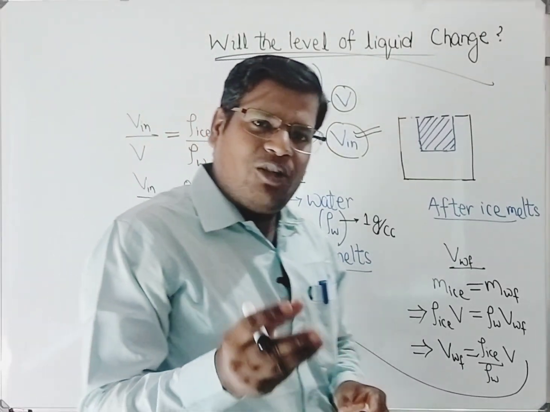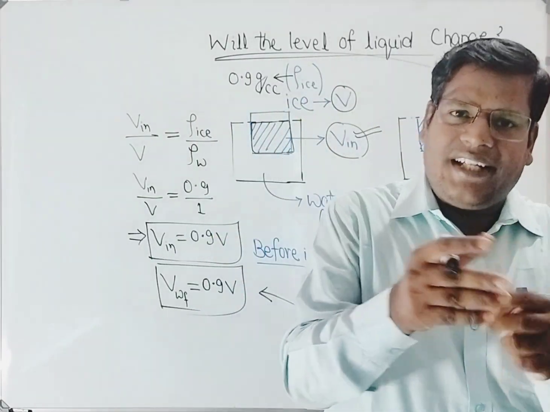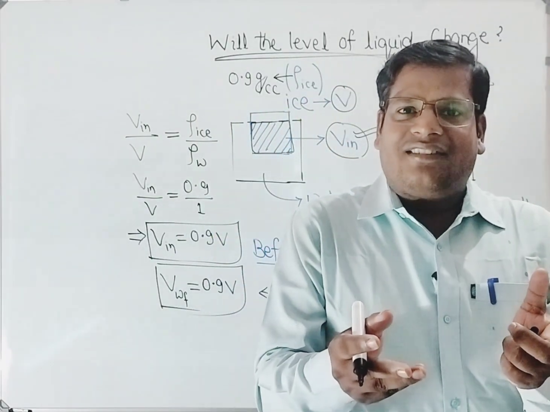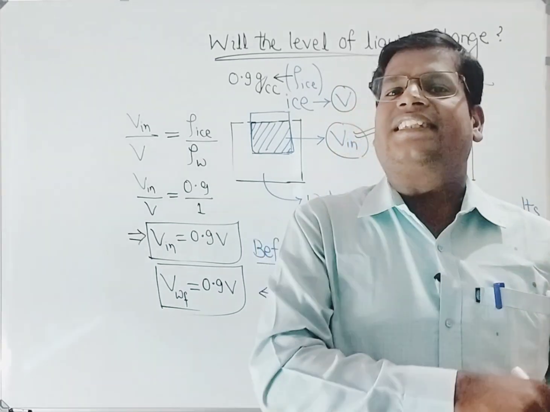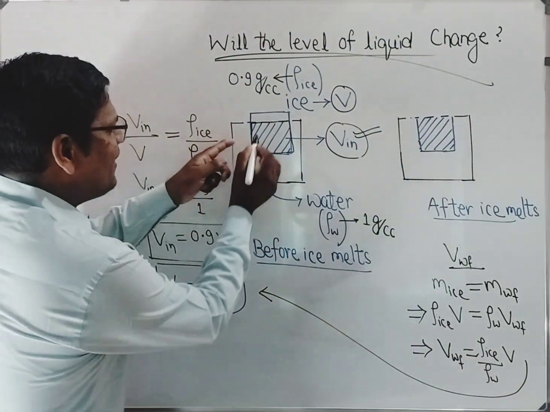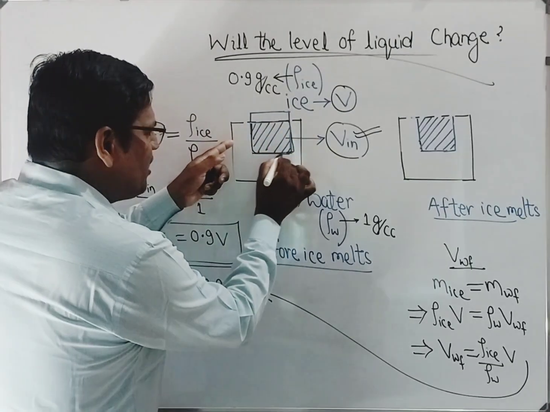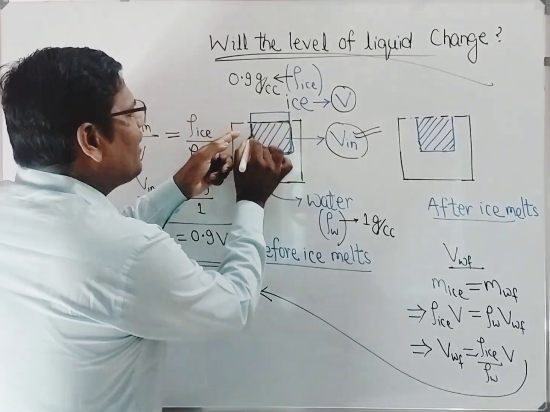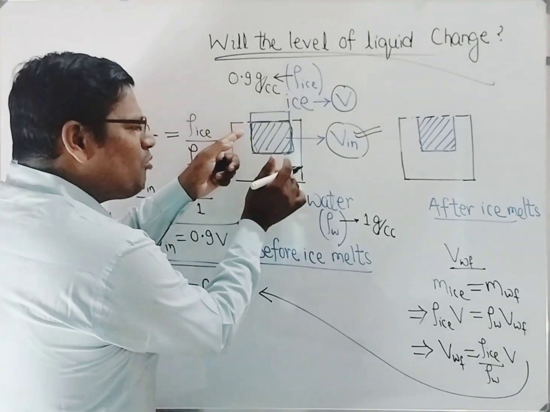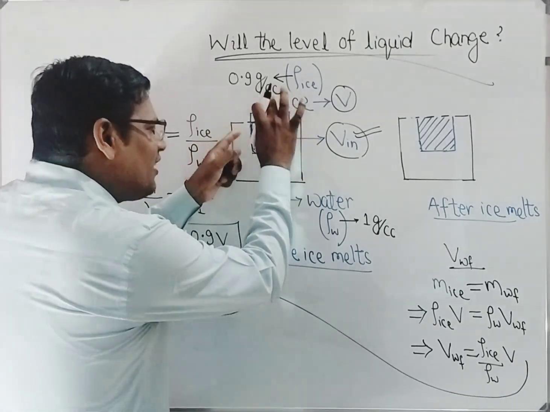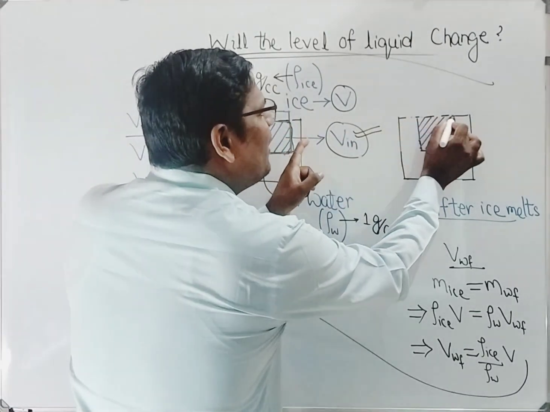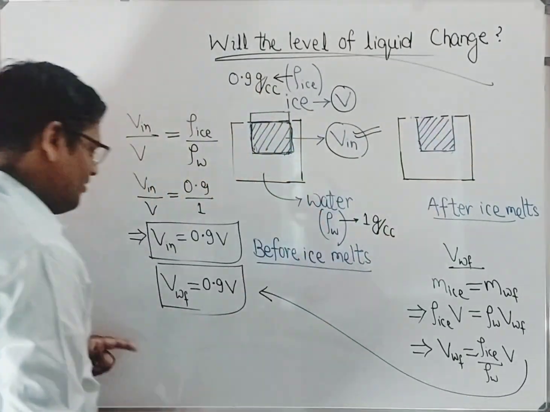So has the volume decreased when ice becomes water? Yes, but it is equal to the volume of ice which was present inside the liquid. Initially ice was taking up this much volume inside the liquid, and when ice becomes water, its volume becomes exactly that much. So that water formed just fills that much space, right?